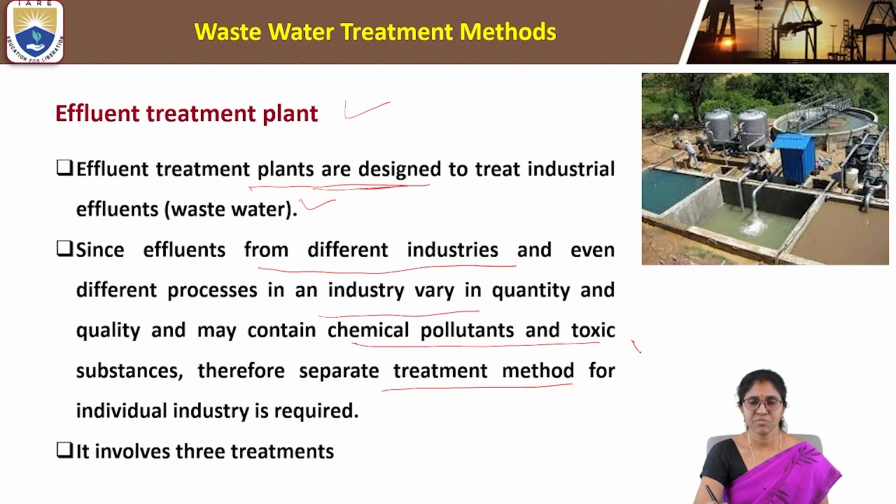We know that different industries discharge different impurities into the water. So we have to use different, separate treatment methods for different industries, because they contain different chemical pollutants and toxic substances, and the quantity and quality of the wastewater varies from industry to industry.